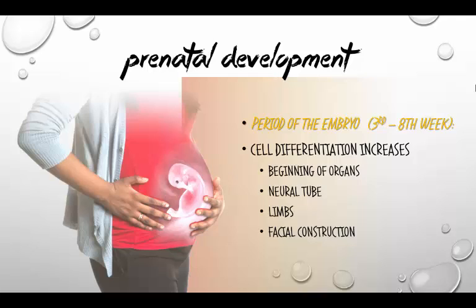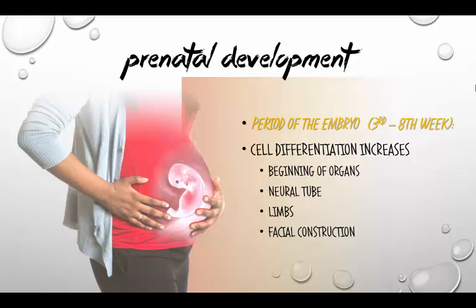So basically, layers of cells begin to specialize, and so we'll see the beginning of organs, the neural tube, which one day will be a spine, small buds that will one day be limbs, and some general features that you might consider facial, though let's be clear, during this embryonic phase, there are few things to distinguish us from any other mammal developing in the womb. Basically, nothing that looks human as we think about it, but it's all about laying the foundations for what we will be.